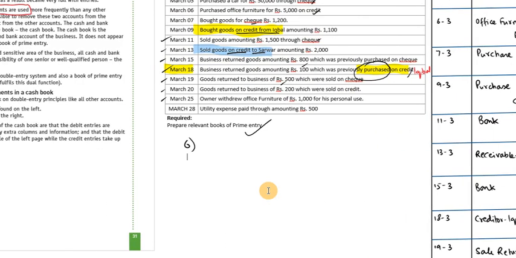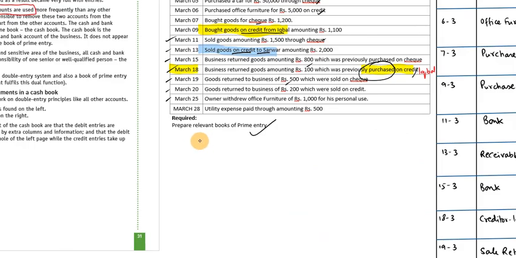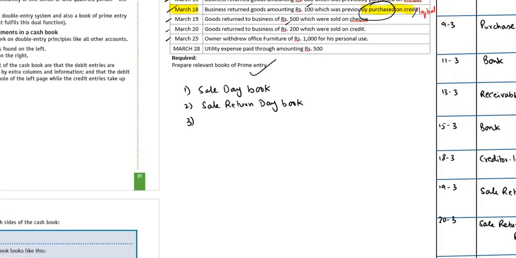Number one is the sale day book, our first book of prime entry. The second one is the sale return day book, also called the sale return journal. The third is the purchase day book.